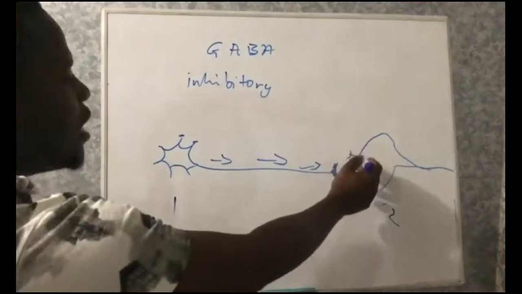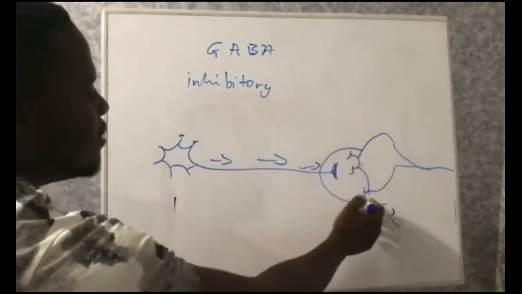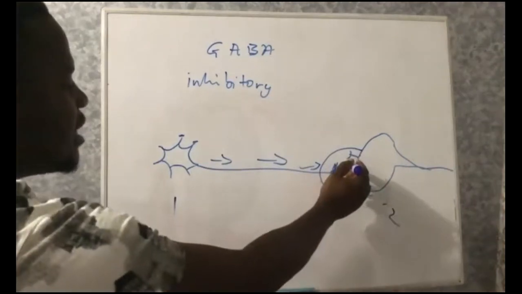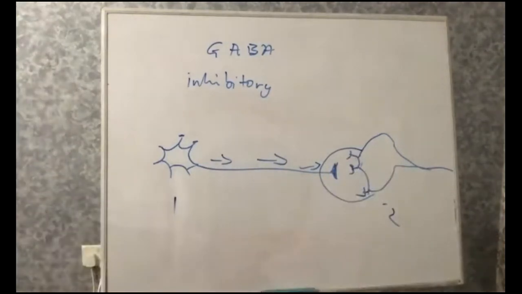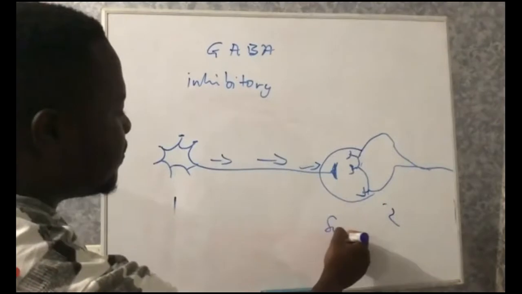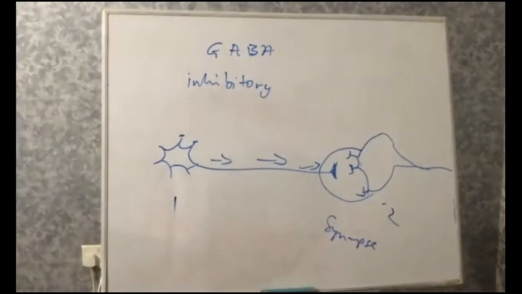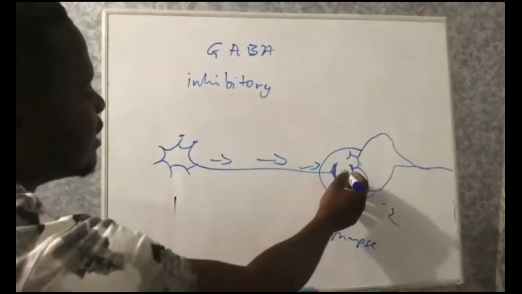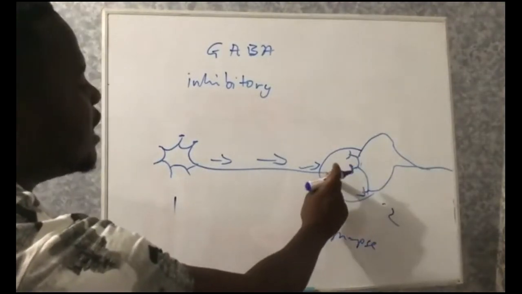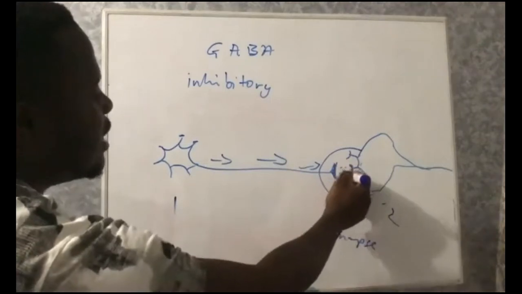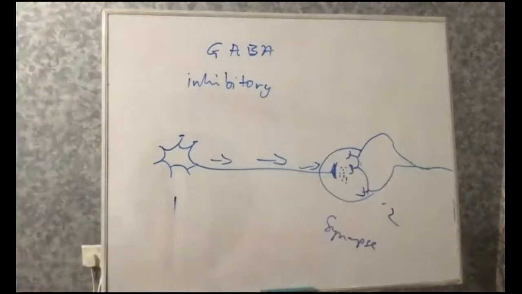This connection between the axon and the dendrite of the second nerve is called the synapse, okay? Here, there is release of substances that will help the communication between the first cell and the second cell, and those substances usually are neurotransmitters, okay?